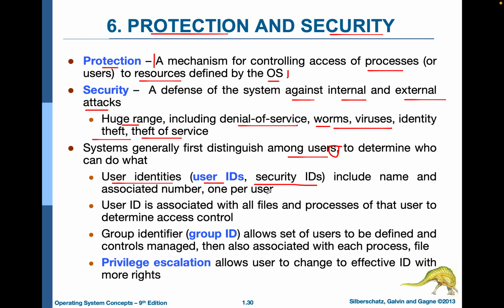So they have several authentications, like using a passcode or biometrics. Even a laptop currently has biometrics, isn't it? Using fingerprints. So that is in terms of user identities. The user ID is associated with all files and processes of the user to determine access control.